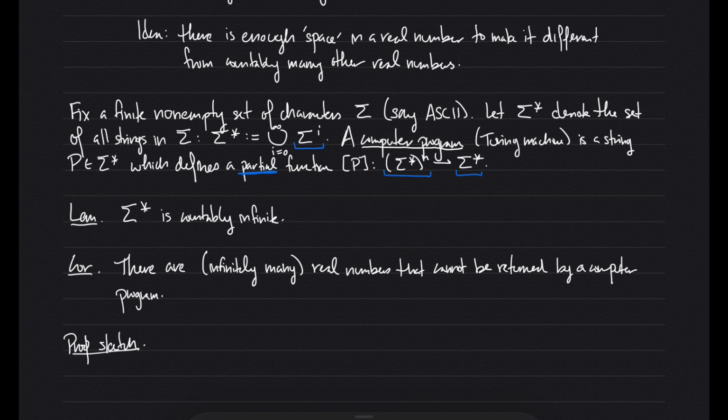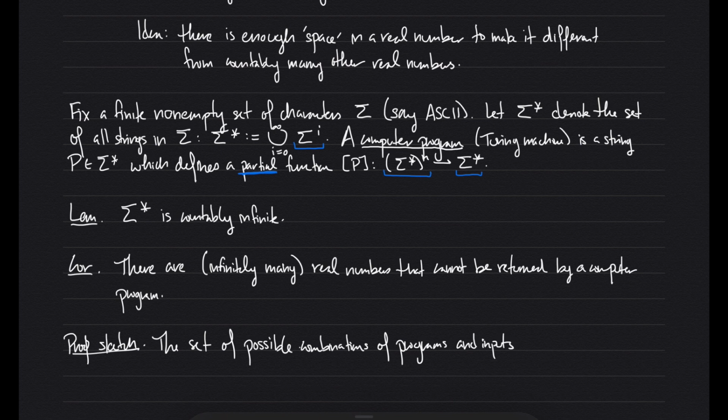So the sketch is the following. The set of possible combinations of computer programs and inputs is sigma star for the set of computer programs times sigma star for the set of inputs. Now I'm really just considering programs that take one string as an input, but this is easily generalizable to programs that take more strings as input.